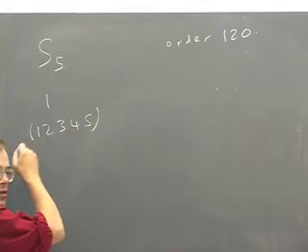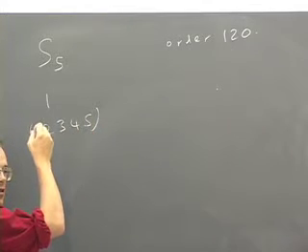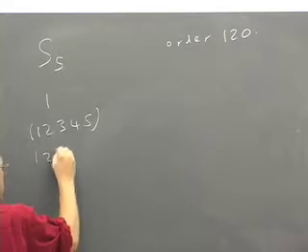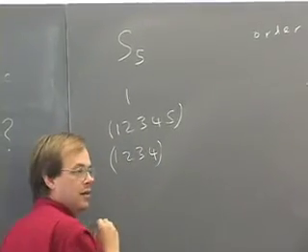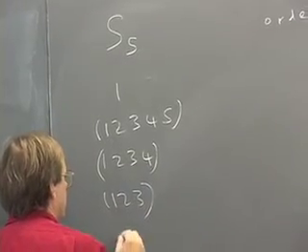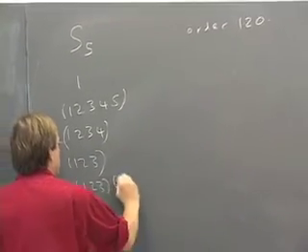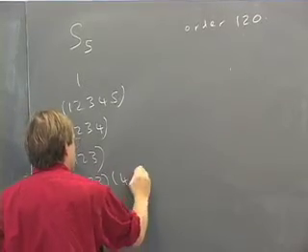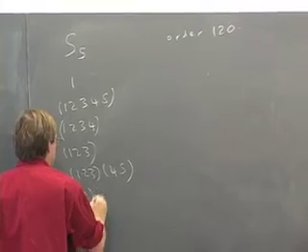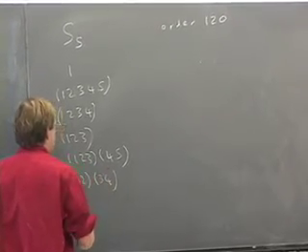A 4 cycle, (1 2 3 4). A 3 cycle. A 3 cycle with a 2 cycle. A 2 cycle with a 2 cycle. A 2 cycle.